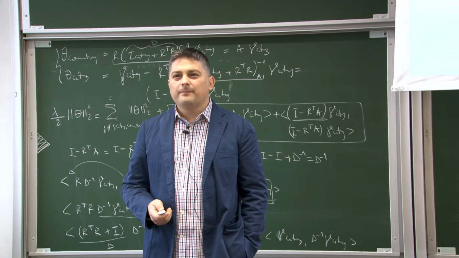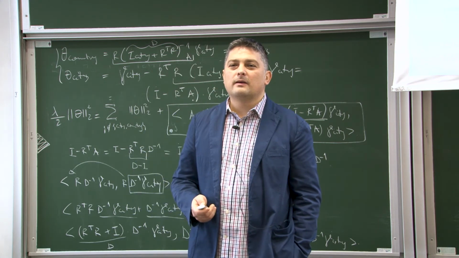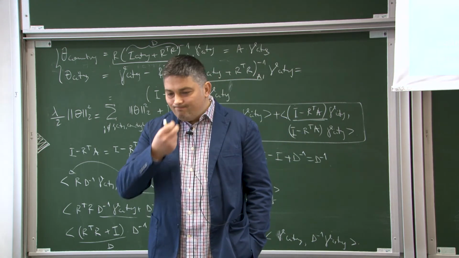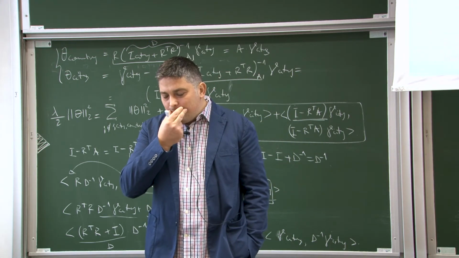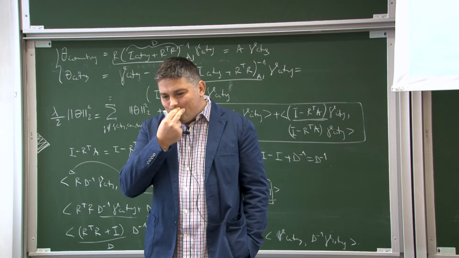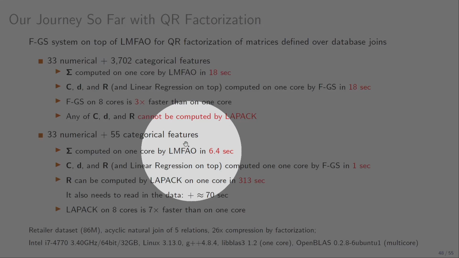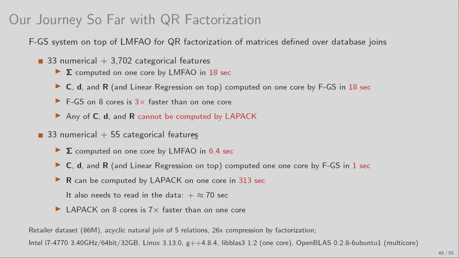Do you recall what was the average number of categories for each of the categorical features? Are we talking about like 10 or? No. When I say here 55 categorical features, I mean the number of all categories.